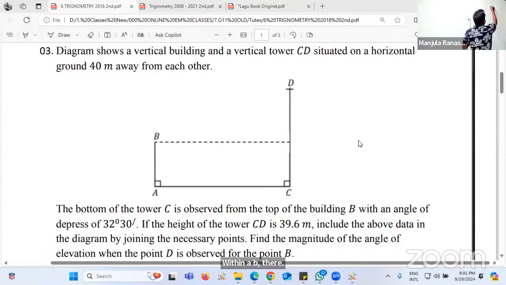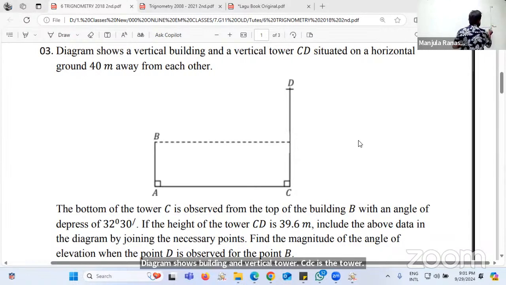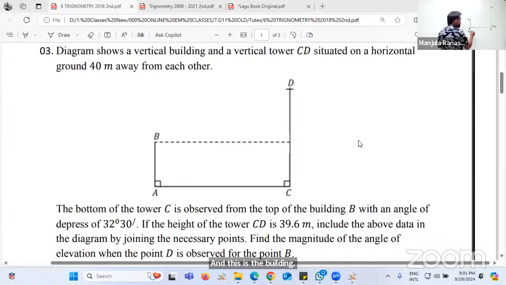The diagram shows a vertical building and a vertical tower. CD is the tower, and this is the building. Ground, 40 meters away from each other.